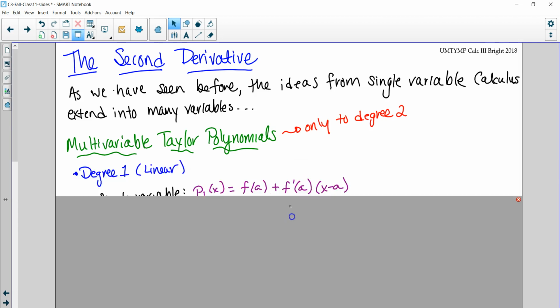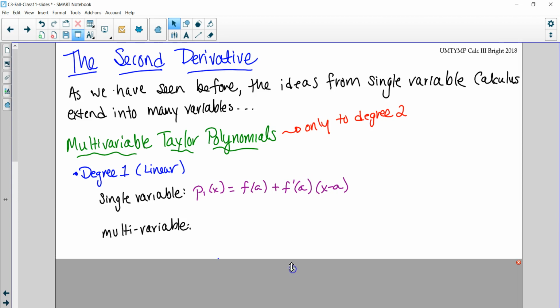Okay? So, just for a degree 1 multivariable function, if we have p of x in a single variable, all we have to do for the multivariable case is say, okay, well, we're going to have p1 of a vector x, because now we have multiple inputs. We take whatever our function is and evaluate it at the point of interest, which is a vector.